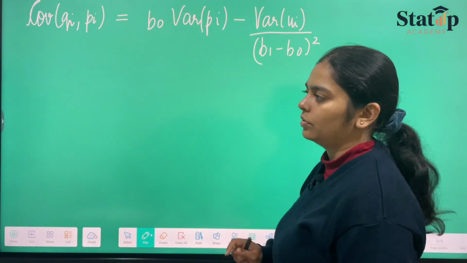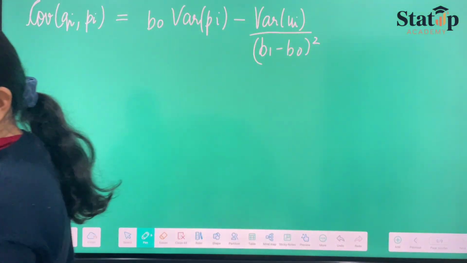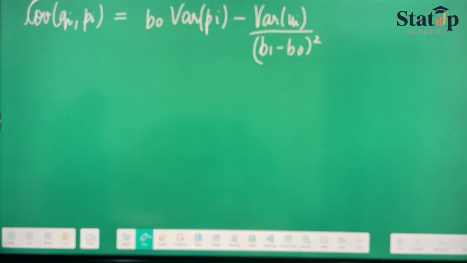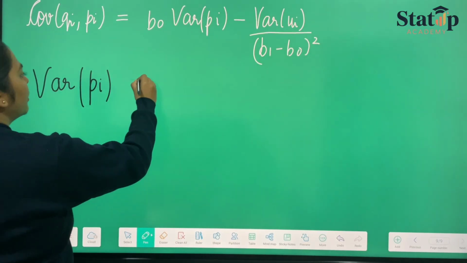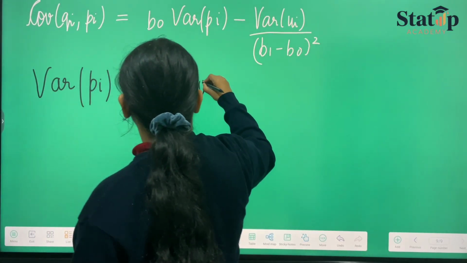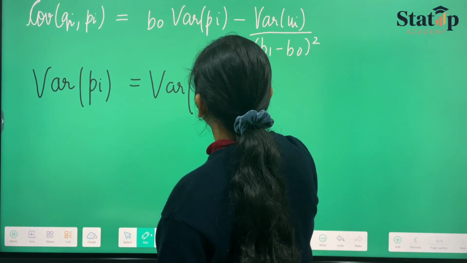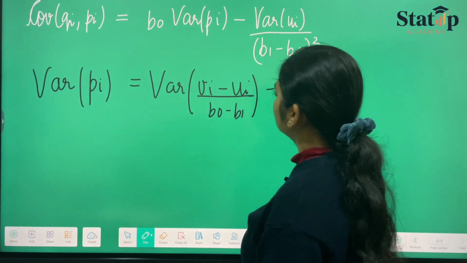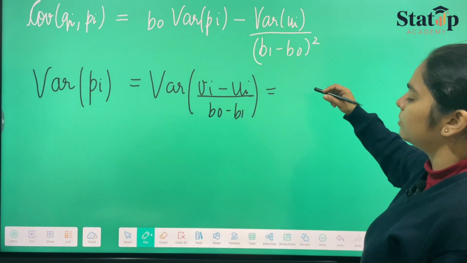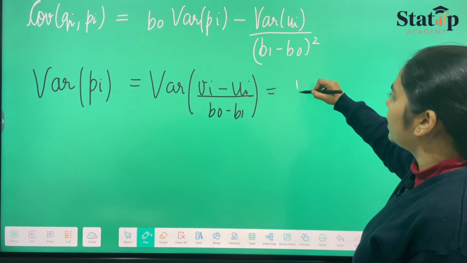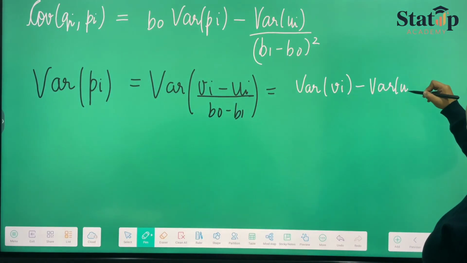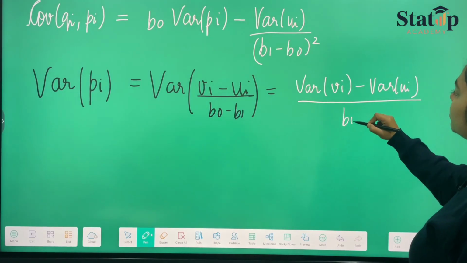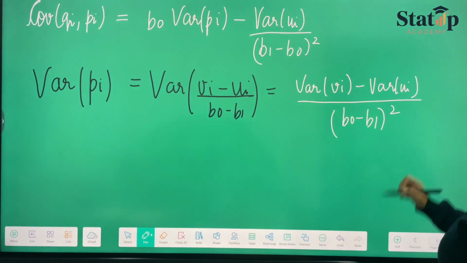Variance of Pi we also know: variance of Pi would be variance of (Vi minus Ui) upon (B0 minus B1). We can write them separately, as variance of Vi plus variance of Ui upon (B0 minus B1) whole square.